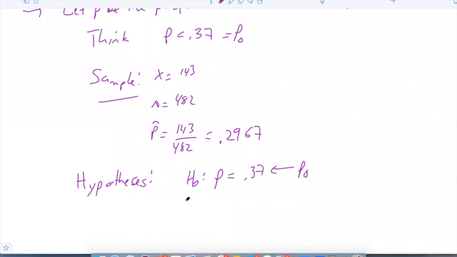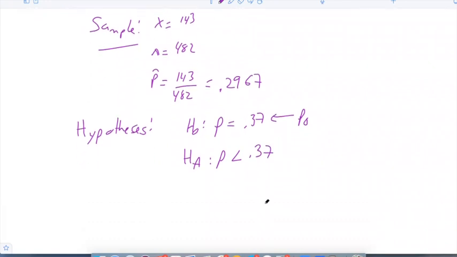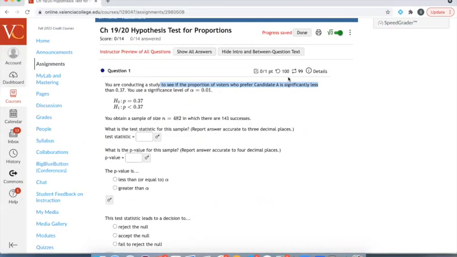And then we're always going to use the same number here. This number here only tells me whether to write greater than or less than. I never ever write this number in the hypothesis. P is less than 37%. How do I know to say less than? Well, because 29 is less than 37, and the question said here, less than 37. It was right in the words. You got to look at both.